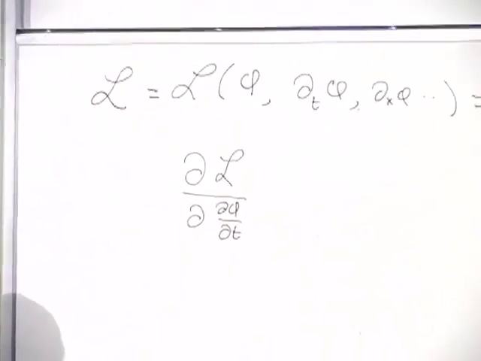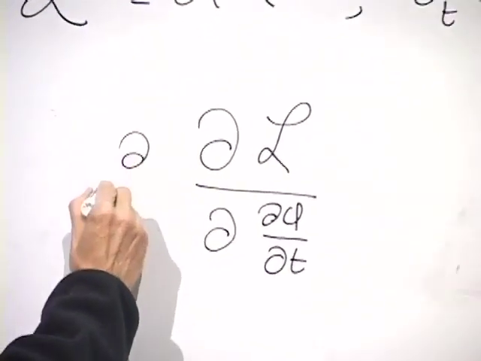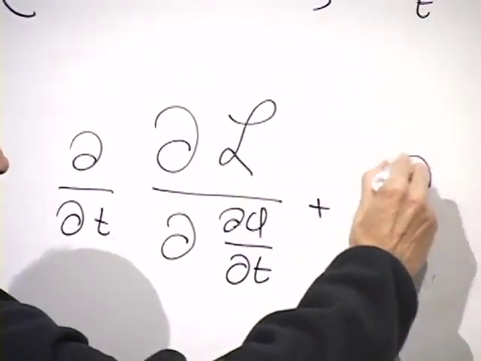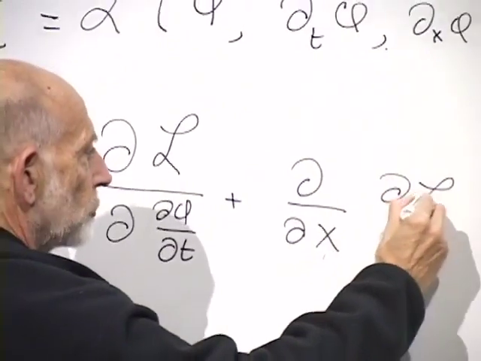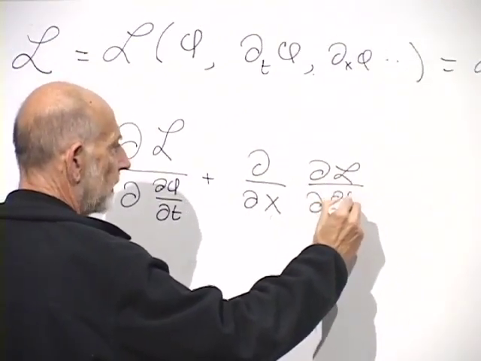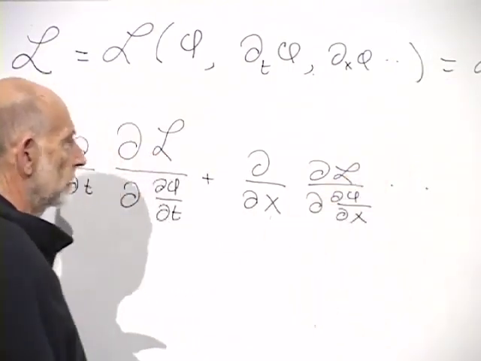I'll show you an example. This looks abstract at the moment. Then you differentiate with respect to t. You add to that the derivative with respect to x of the derivative of the Lagrangian with respect to the gradient of the field along the x-axis. Same thing for y and z.